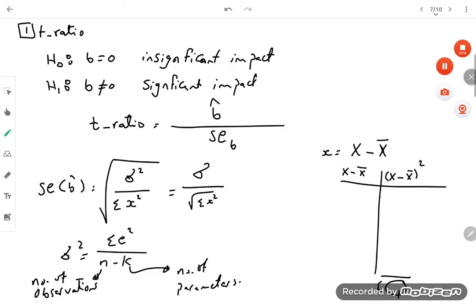So now we have the value of summation x squared, which is 24. Now we would like to find the value of sigma squared. Sigma squared is summation e squared divided by n minus k.